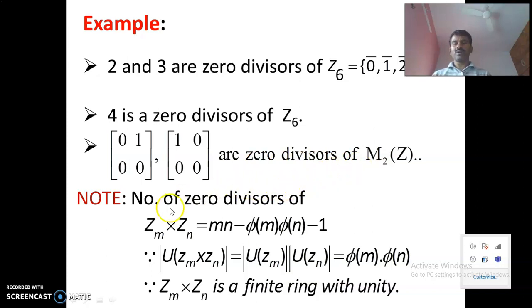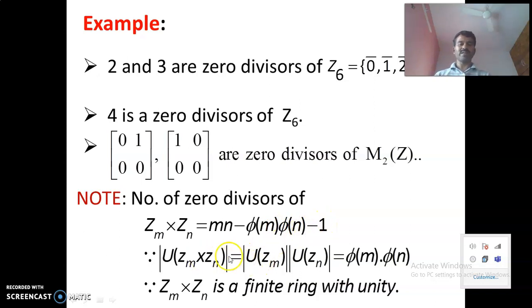So we notice that the number of zero divisors of Zmn, the product of two integers of order m and n respectively, can be taken as the order of the ring, mn, minus 1.